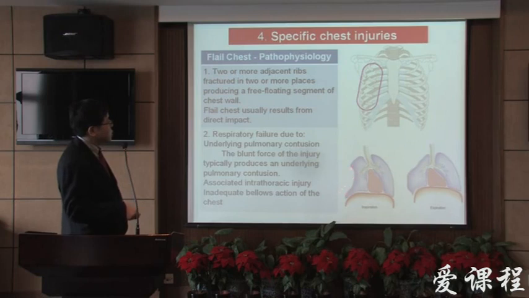After inspiration, the normal part expands, but this part shrinks. On expiration, the normal part shrinks, but the broken part expands. This is caused by the imbalance of pressure between the two parts of the lungs or the chest wall.